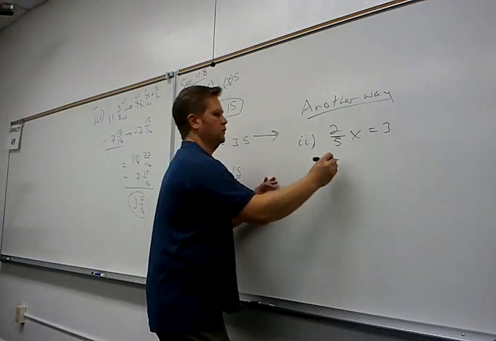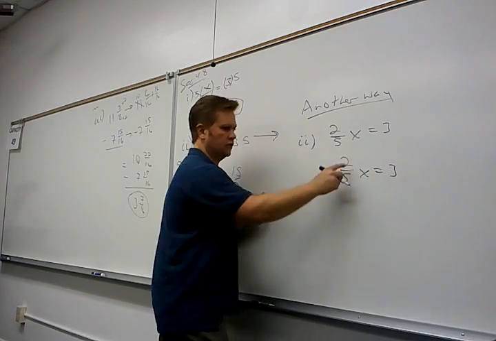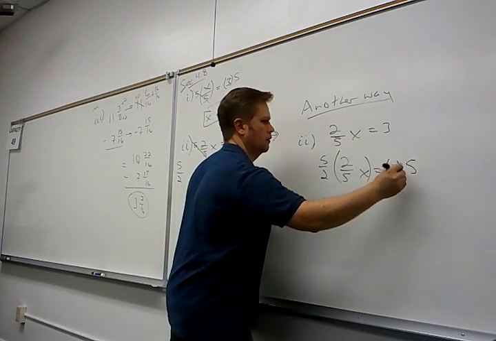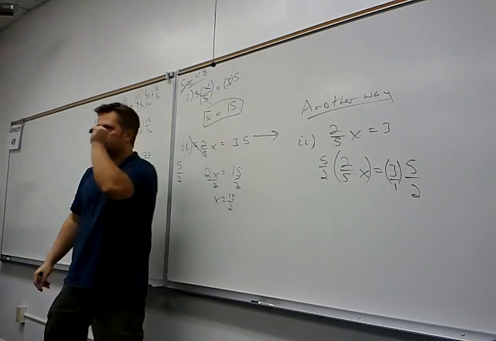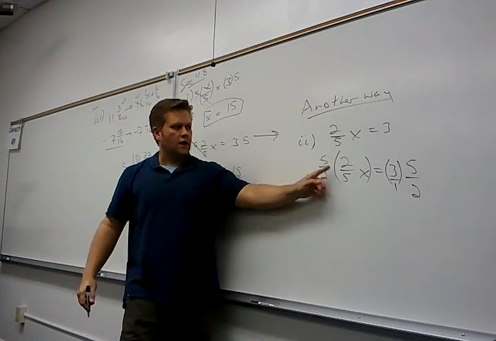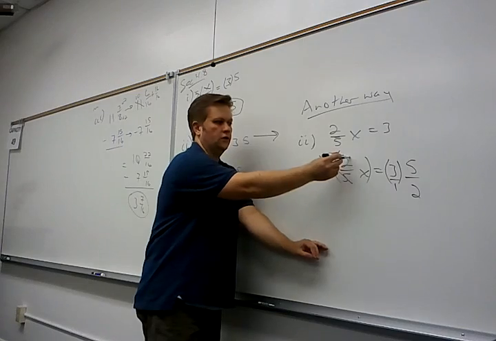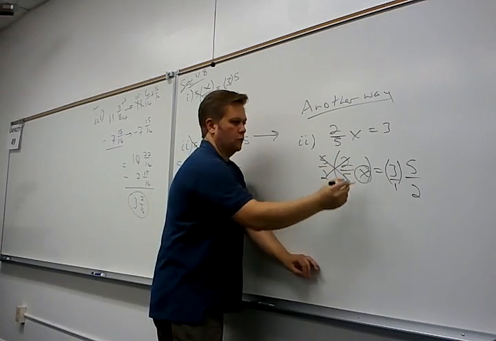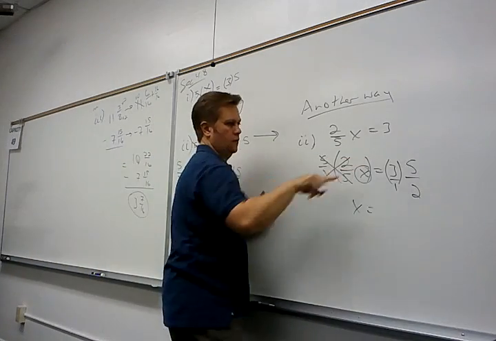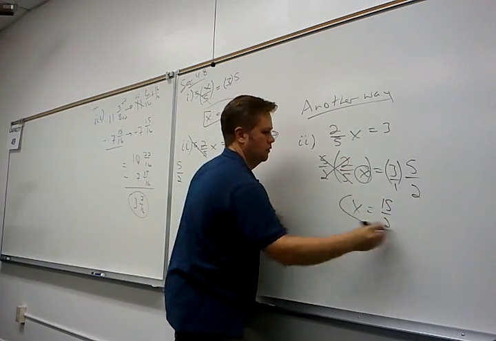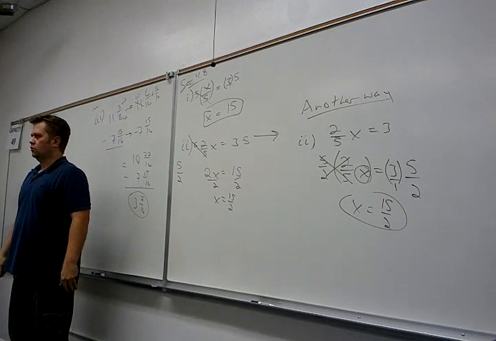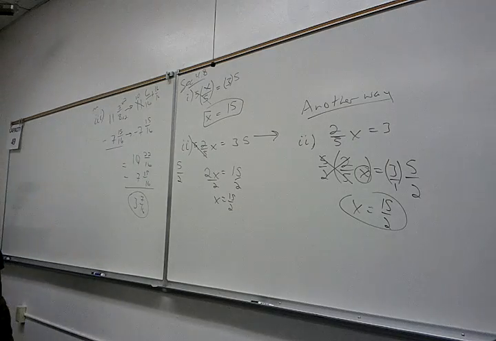If I multiply both sides by the reciprocal of this guy, and you can put 3/1 if you want to, just to make it look more like a fraction. Do you see what happens over here? The 5s cancel and the 2s cancel. That's exactly what you want. You want that x by itself. And on the other side, 15/2. Same answer I got there. Cool.